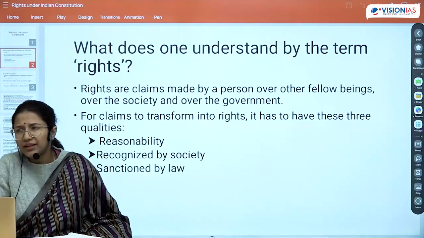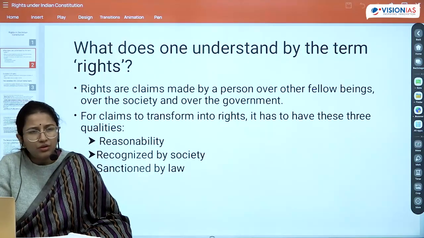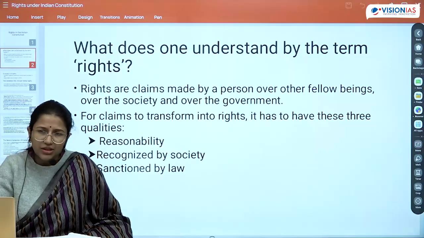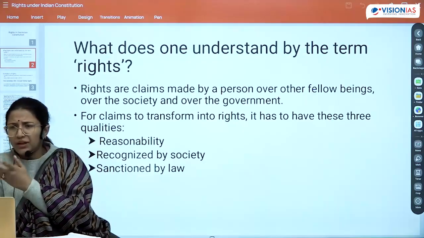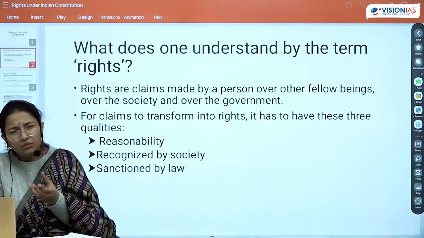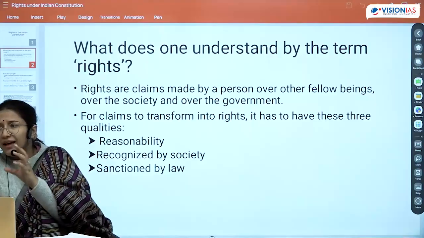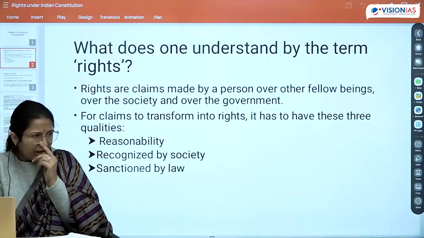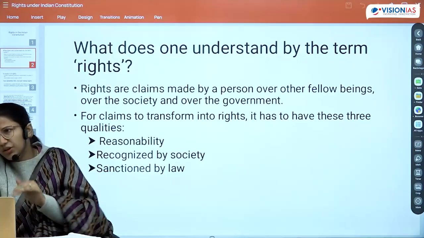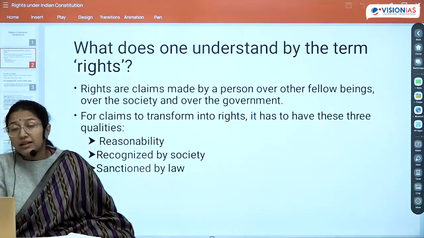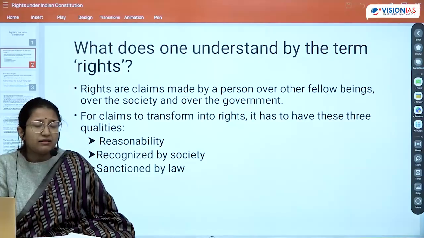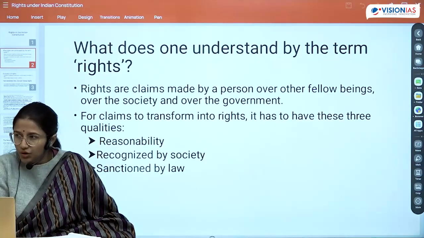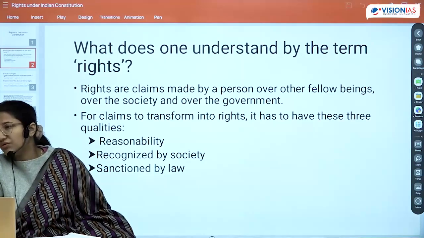So if 200 years back somebody talked about universal adult franchise and voting rights being extended to women, nobody would accept it because women were not looked at as equal to men. They were looked at as subjects, in a subordinate position. Similarly, Saudi Arabia as a nation has given women a right to vote as late as 2015.